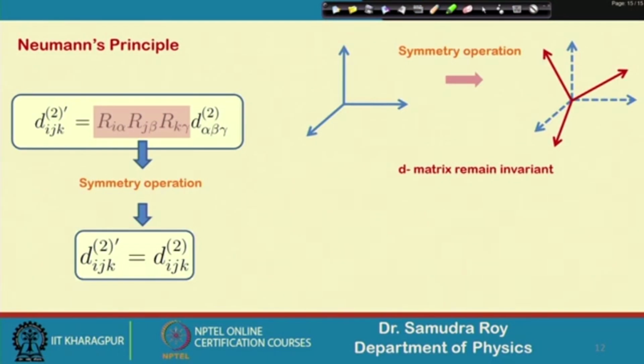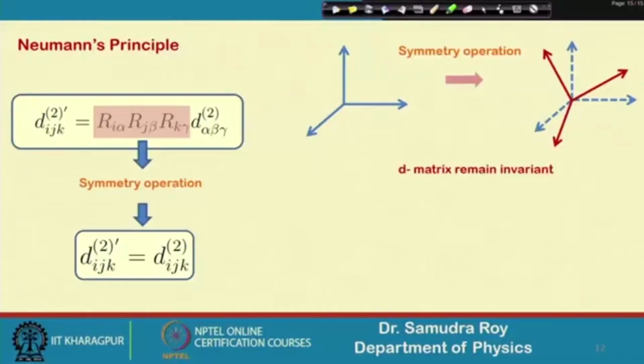So, let us try to understand once again what the Neumann principle is. Maybe in today's class we will not complete that; in the next class we will start again, but the important thing we should note once again is this. We are going to apply some kind of symmetry operation. Suppose this is a coordinate system we have. Some kind of symmetry operation we are making, so that my coordinate system is changing.